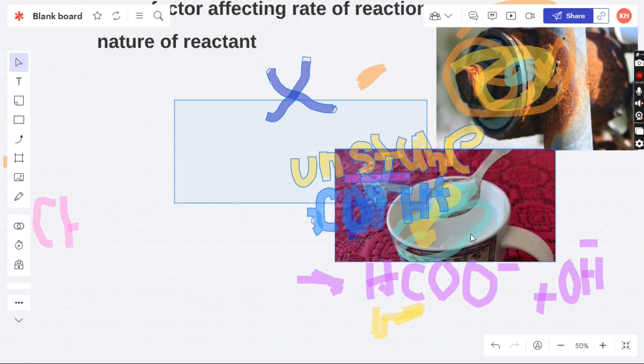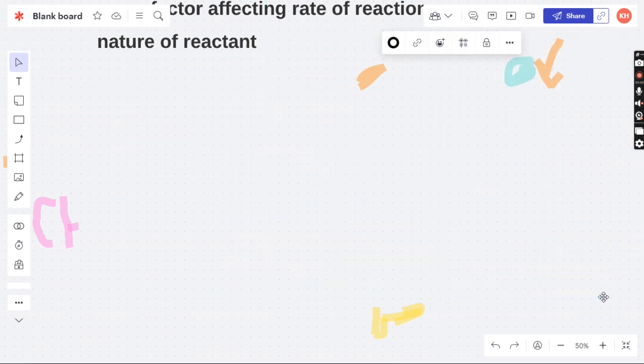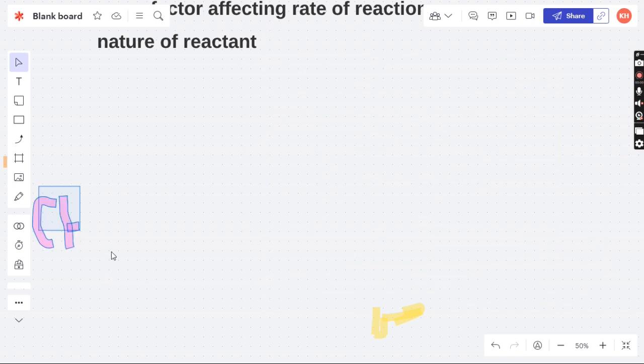We need to delete the pictures as well. Surface area. Let's take the example of surface area. The rate of reaction also depends upon the surface area. Okay, let's erase it.